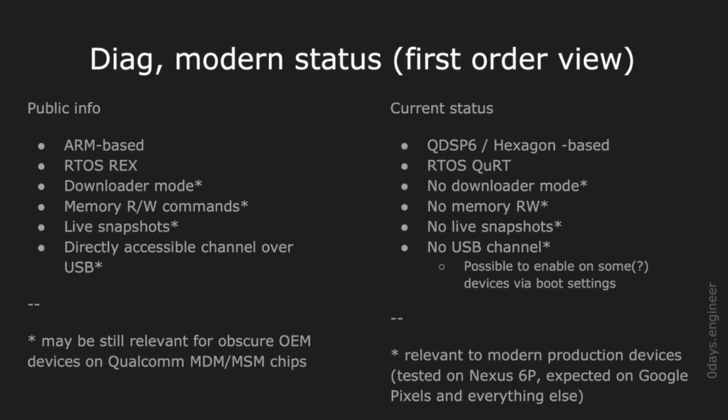I hear that it's possible to enable the USB Diag channel by adding some special boot properties. But usually it wouldn't be available, it shouldn't be expected to be available on all devices. So these observations were based on my test device, Nexus XP, and this should be around a medium level of hardening.